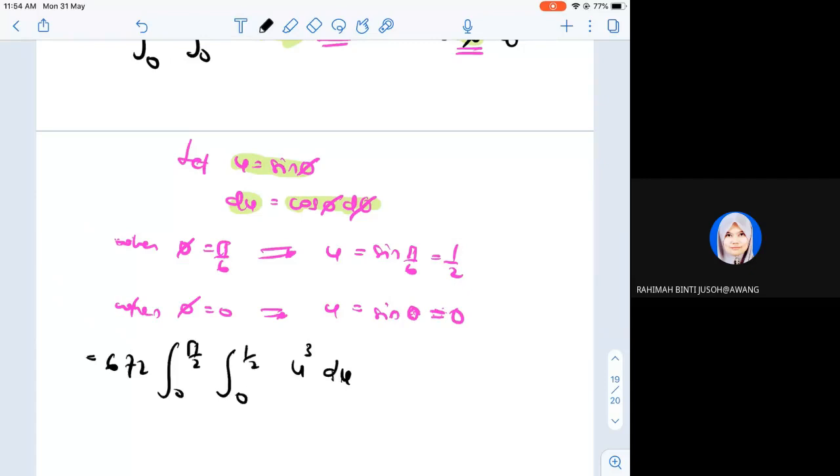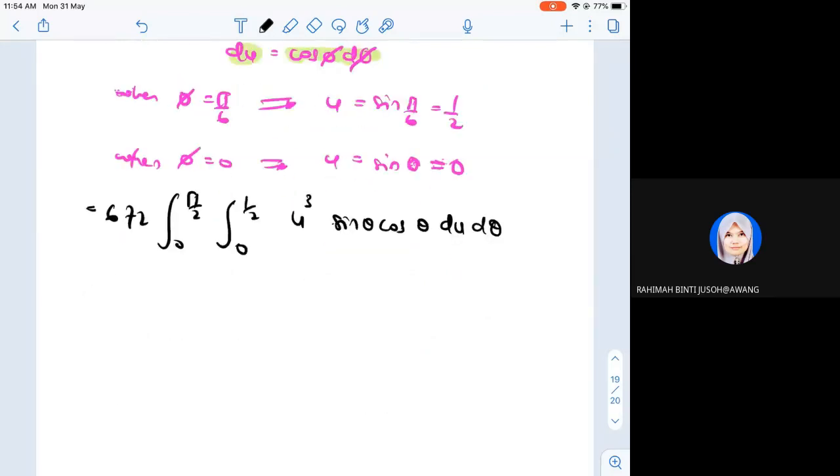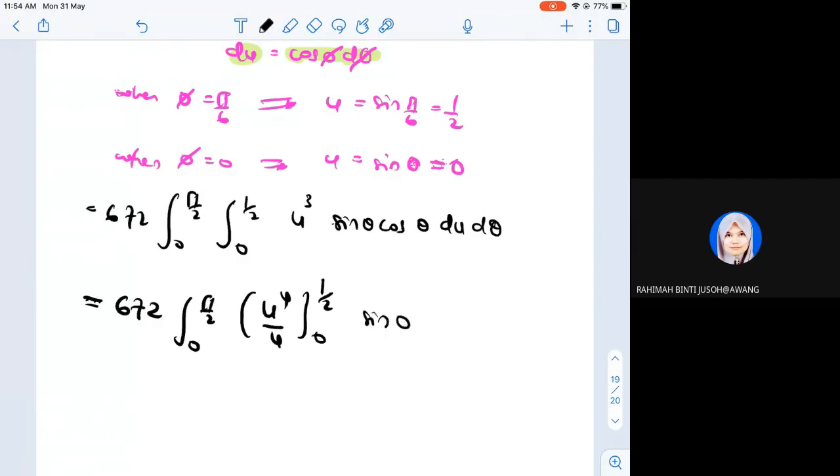Then sin theta cos theta, just copy back. Sin theta cos theta has no effect yet. So du d theta. So u cube becomes u to the power of 4 over 4. So 672 times 0 to pi over 2 of u to the power of 4 over 4, substitute 1 over 2 and 0, sin theta cos theta d theta.